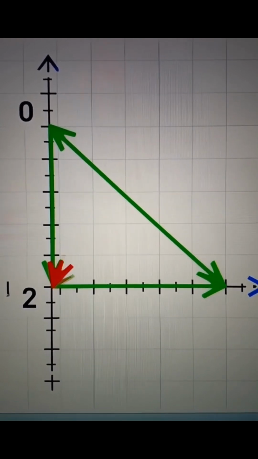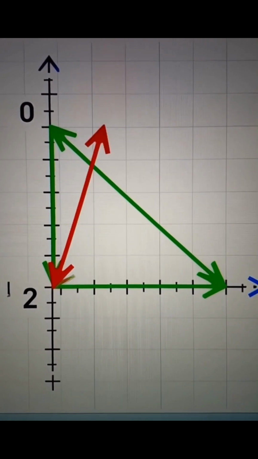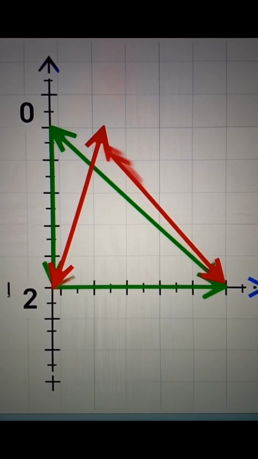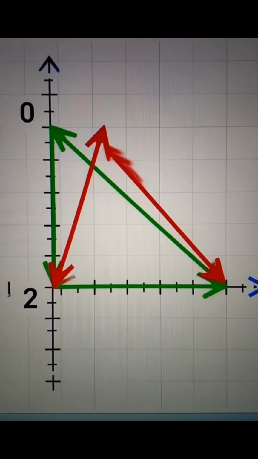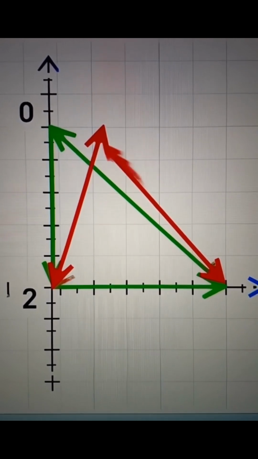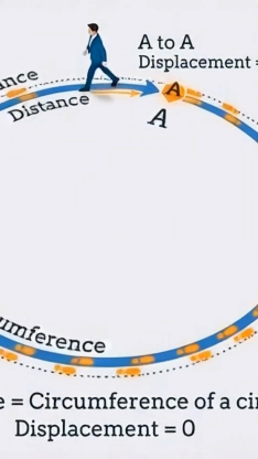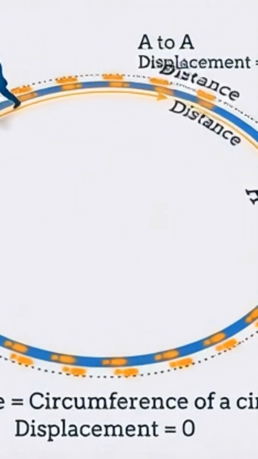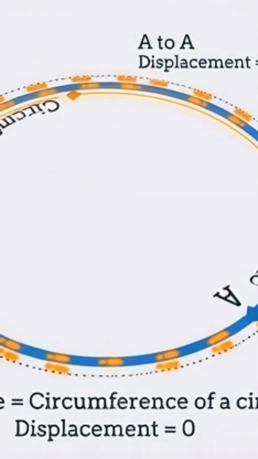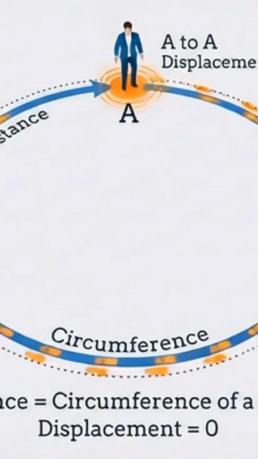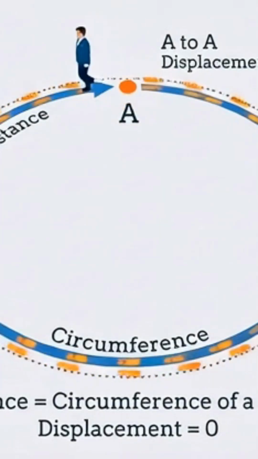Distance: scalar quantity, depends on the path, always positive. Displacement: vector quantity, depends only on start and end points, can be zero. If a person walks and comes back to the starting point, the distance is not zero, but the displacement is zero.